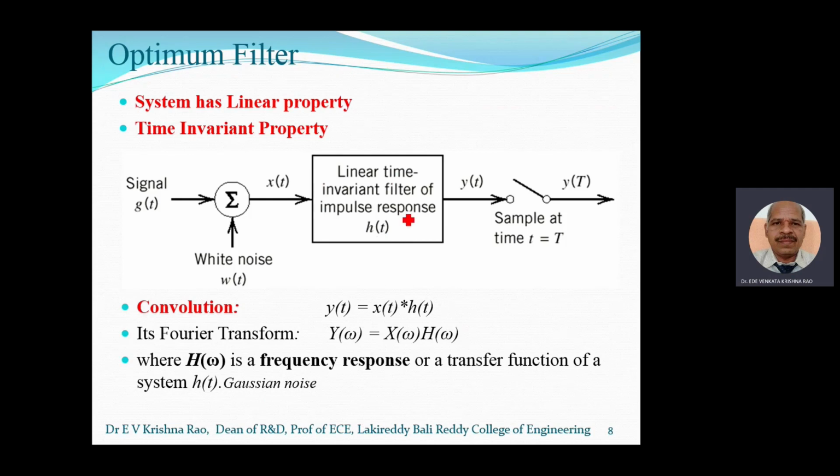We consider this filter and derive that it is optimum, such that the output gives the minimized probability of error, which gives the maximized output. So that is what the optimum filter is.